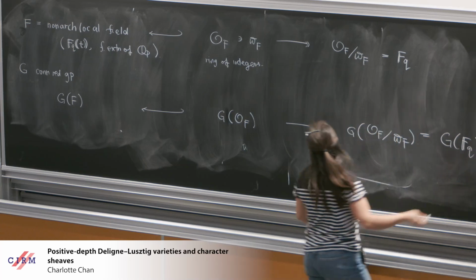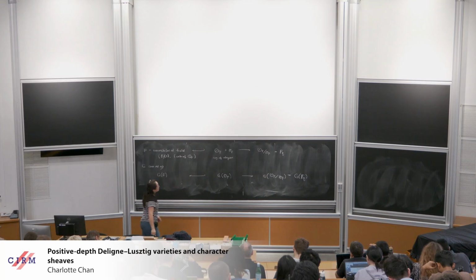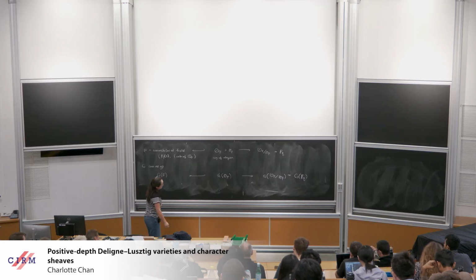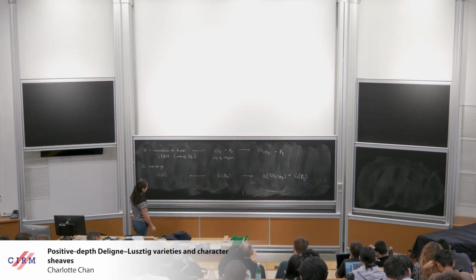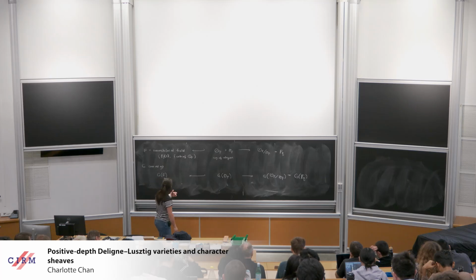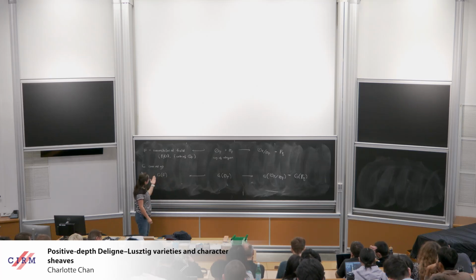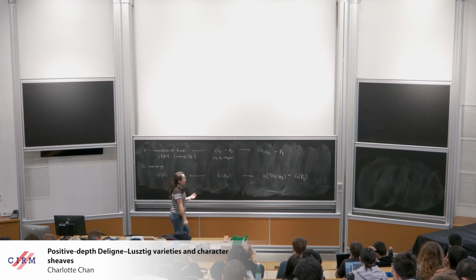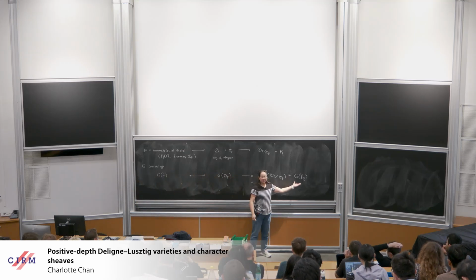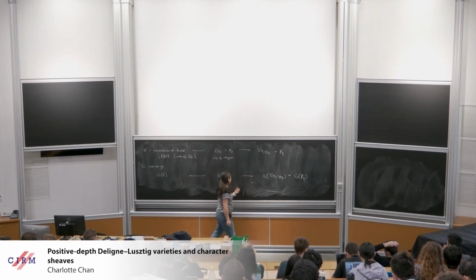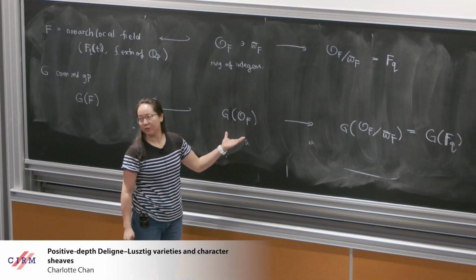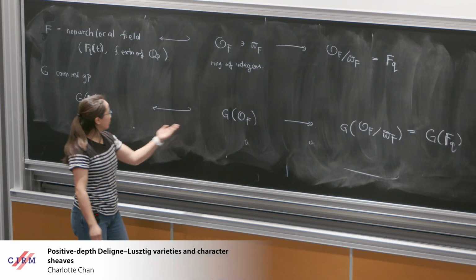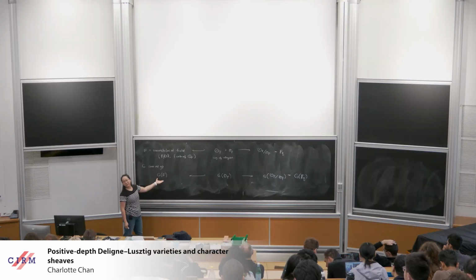Okay, now I realize I messed up the spacing on this, but whatever. Something that one often does as a starting point to study representations of this group over here is to start with representations of this finite group, pull back to get representations of this not finite group anymore, and then compactly induce to get representations of the original p-adic group that you're interested in.